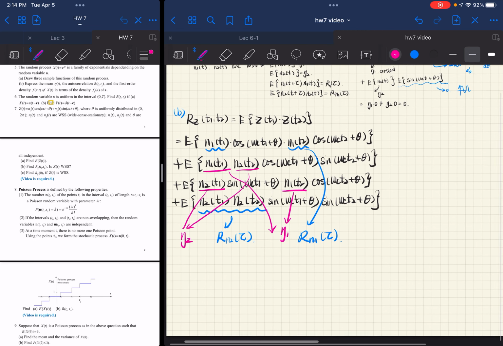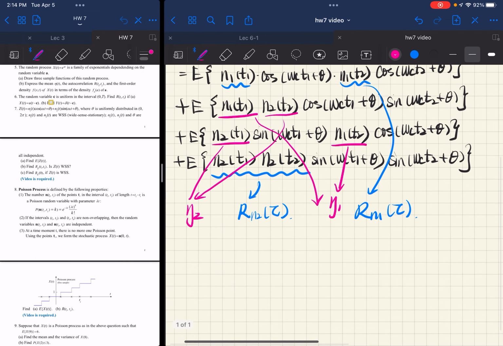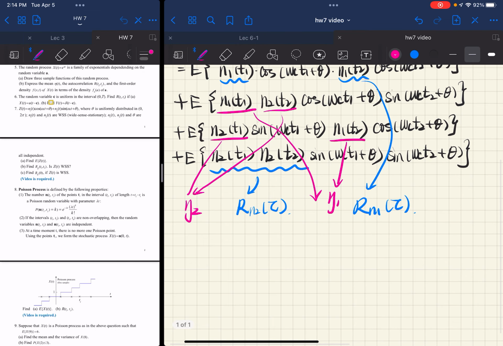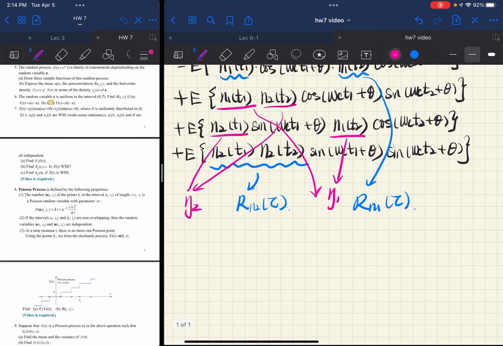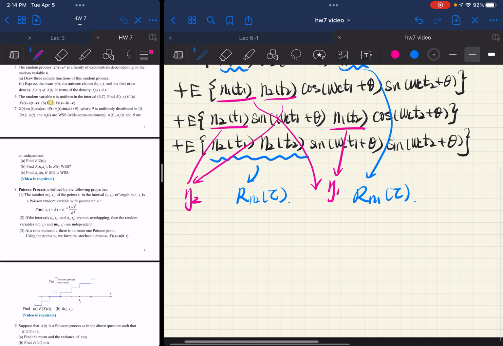So based on our formula, we can rewrite the equation to be as follows.